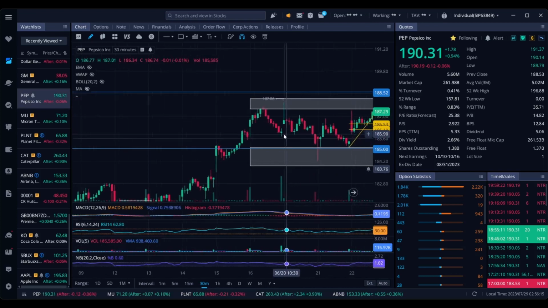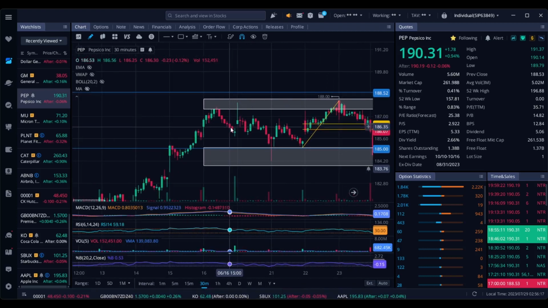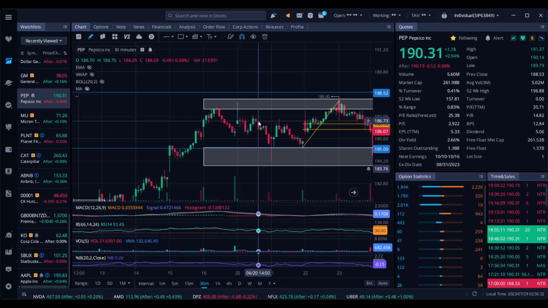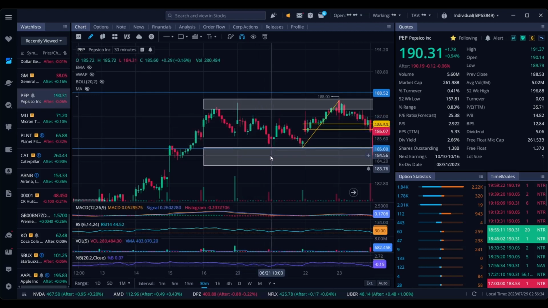So it comes down. It doesn't go all the way back to this support, but it comes back, right? Retest, reject it. Came back right here, boom. Tried to break support, couldn't.